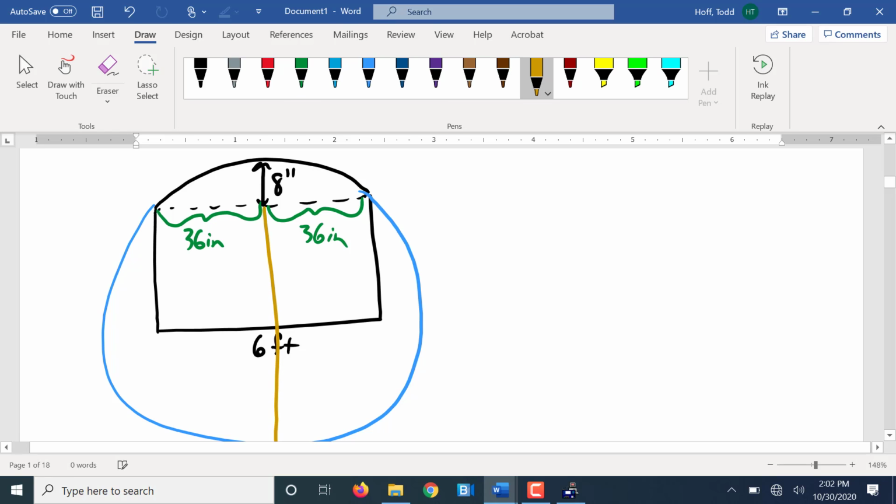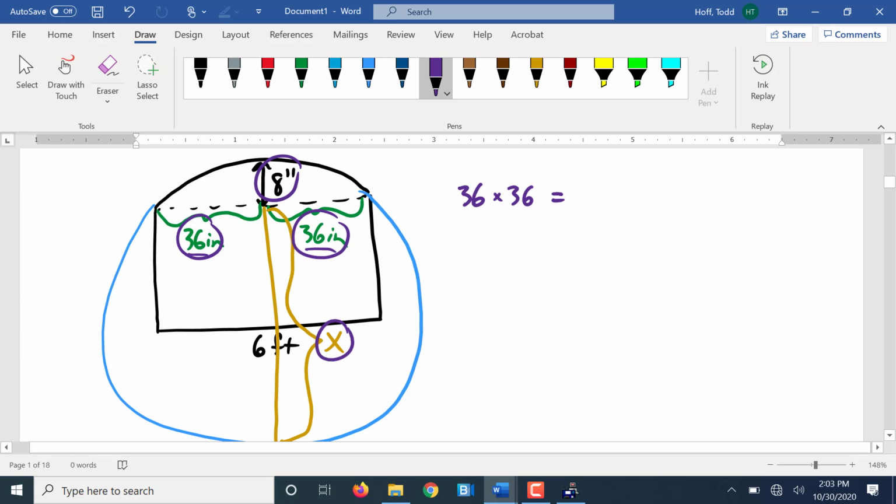So what we're actually going to find here first is this length here, which we're going to call x. When we have intersecting chords in a circle, they cut themselves into pieces that have the same product. So if we know the 2 pieces of one chord, and in this case we have the 36 inches and the 36 inches, that 36 times 36 is going to equal 8 times x.